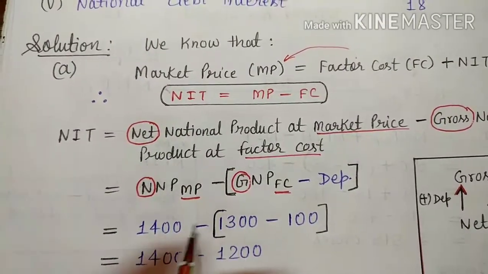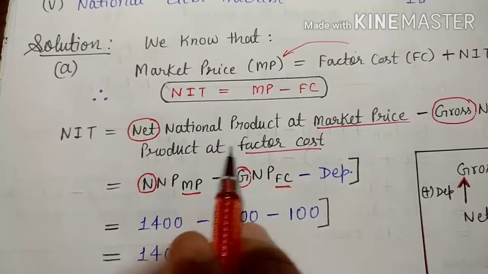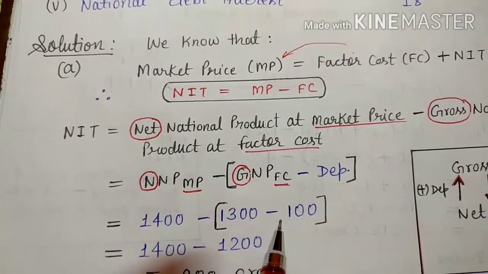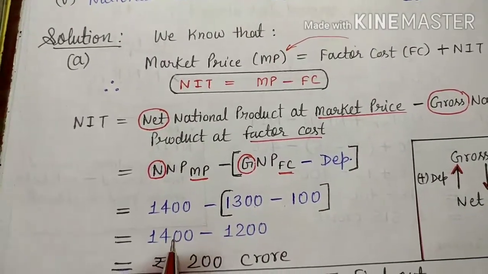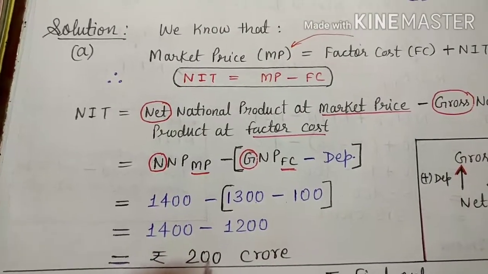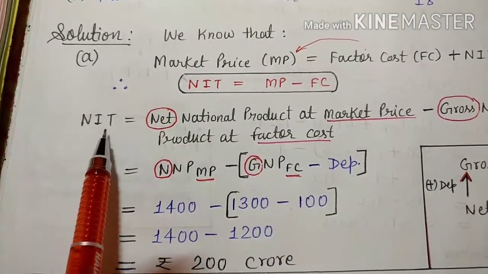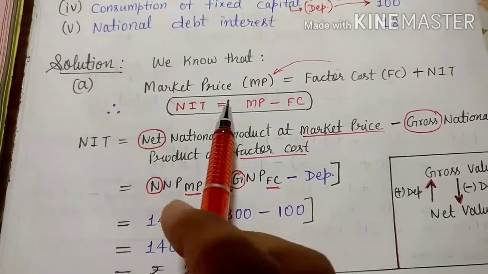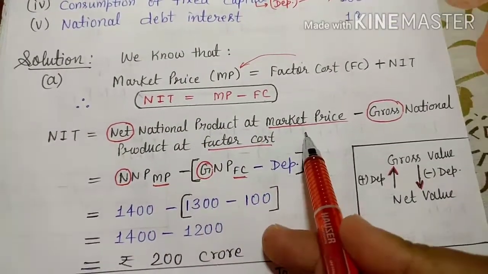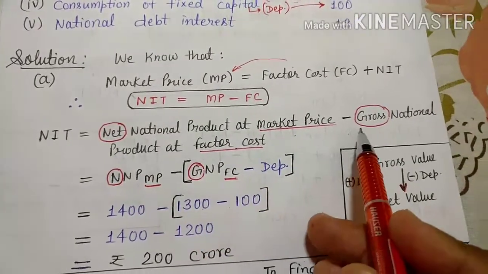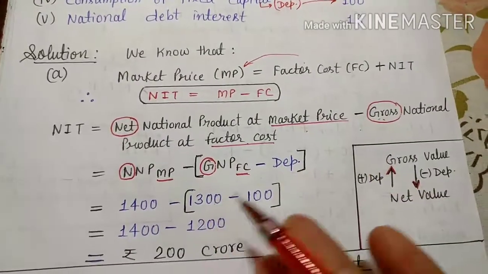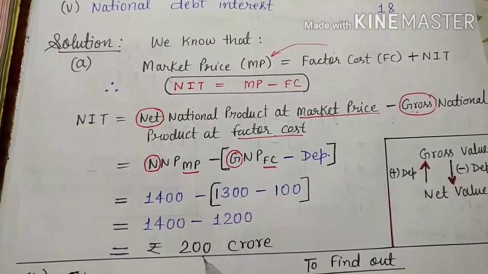So 1300 minus 100 becomes 1200. Then 1400 minus 1200 becomes 200. And that is our NIT, net indirect tax, because it is MP minus FC. It was given at market price and at factor cost, so we just needed to convert gross into net and then subtract. So we get 200 crore as our net indirect tax.